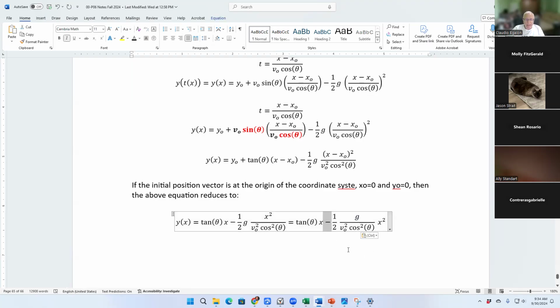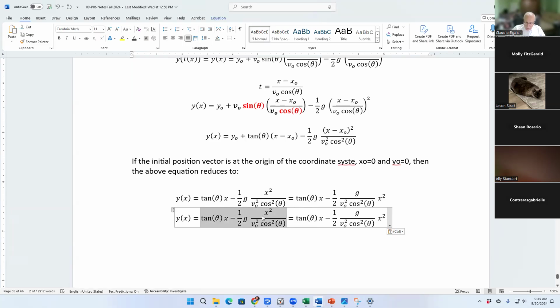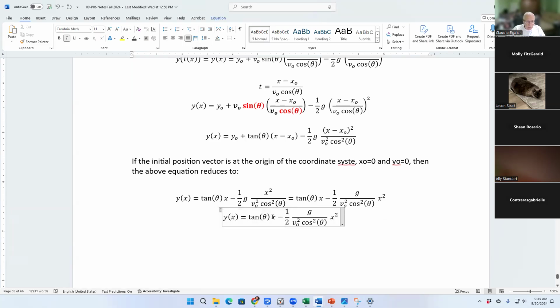Notice that we have a negative sign here. All of that here is constant. That guy is a constant too. So comparing that to the equation that we already know, right?